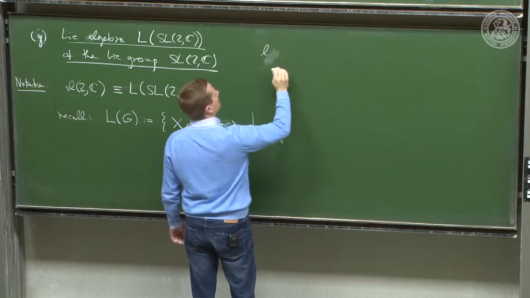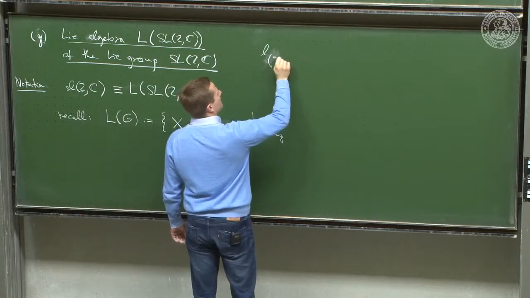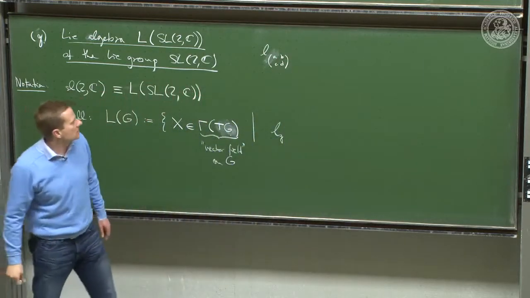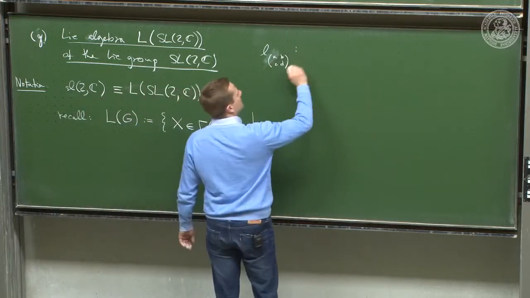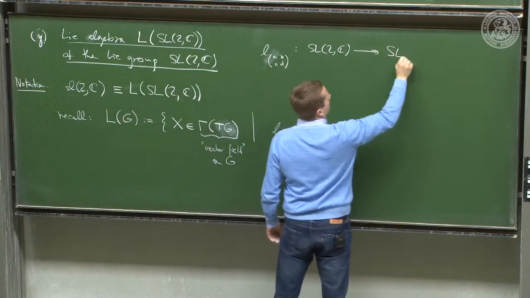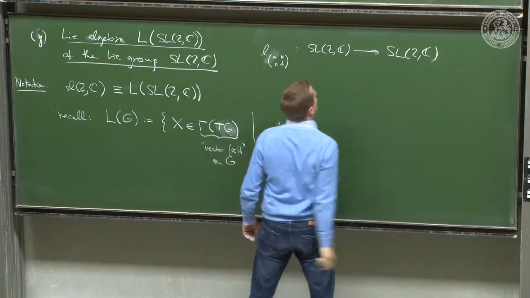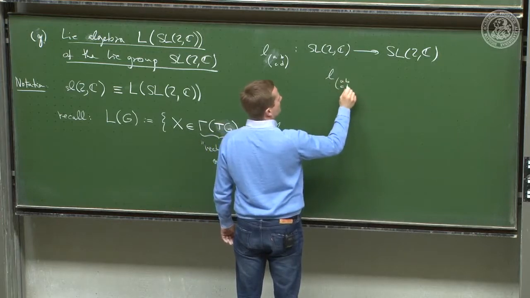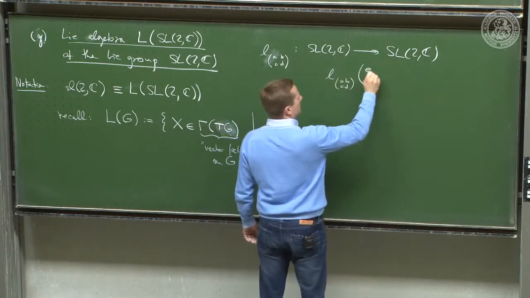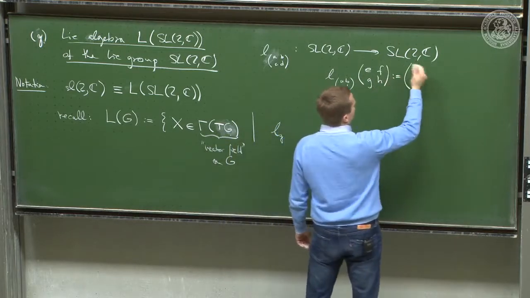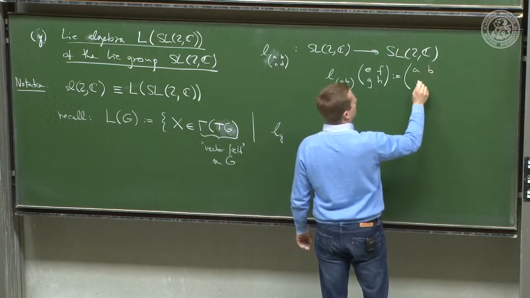Okay, so let's write it down for our case. We take an element of the group. In our case, this is a point of this sort. And it then takes one element of the group and produces another element of the group: L_(A,B,C,D) acting on (E,F,G,H) is defined as the matrix product from the left.